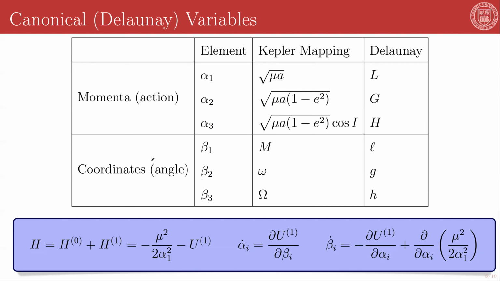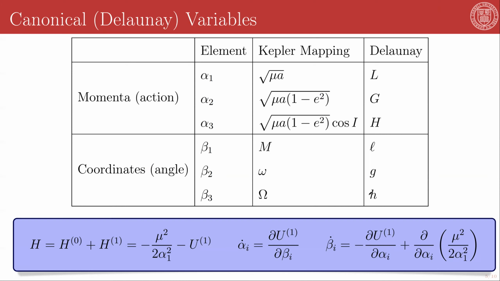But remember, because we got these via construction of the Hamilton-Jacobi equation, all of these are guaranteed to be constant. And they are. And they map directly to our original Keplerian orbital elements. In Delaunay's original work deriving these, the letters capital L, G, and H were used to describe the actions, and lowercase l, g, h were used to describe the angle coordinates.